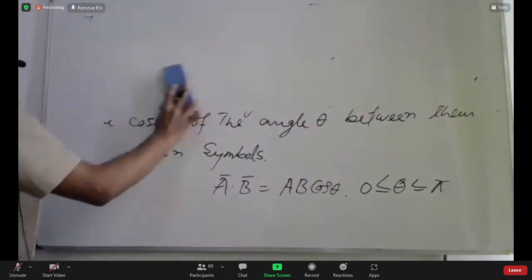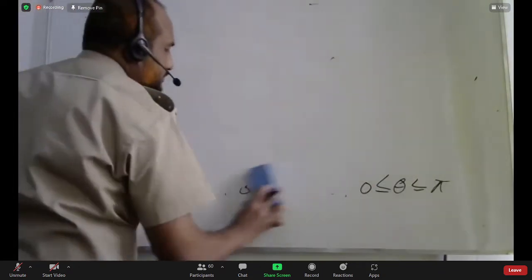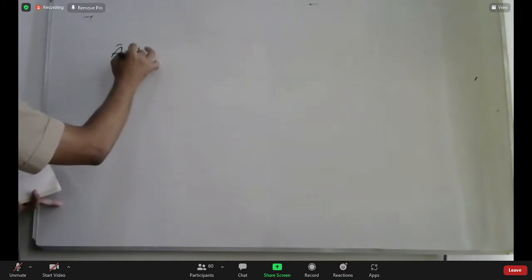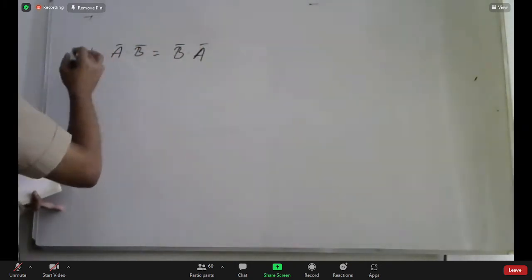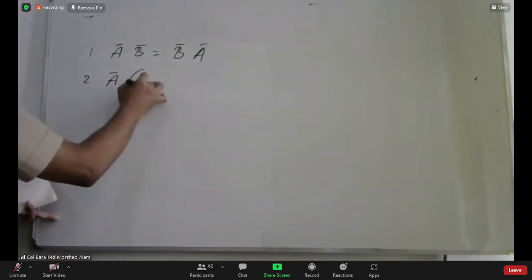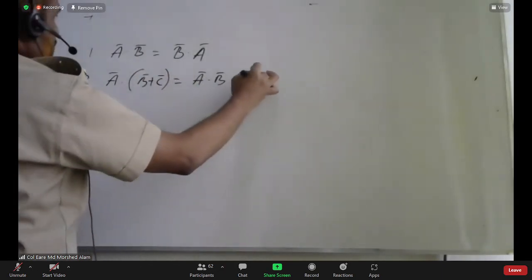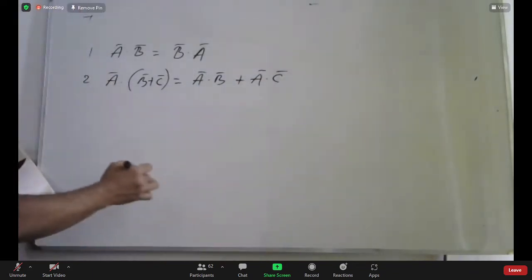Okay. So this is the definition of the dot product, right? I think these are very simple things. You have also done it in intermediate, isn't it? Yes, sir. Okay. So for the dot product, the following properties are valid. A dot B is equal to B dot A, right? Then A dot (B plus C) is equal to A dot B plus A dot C, right?